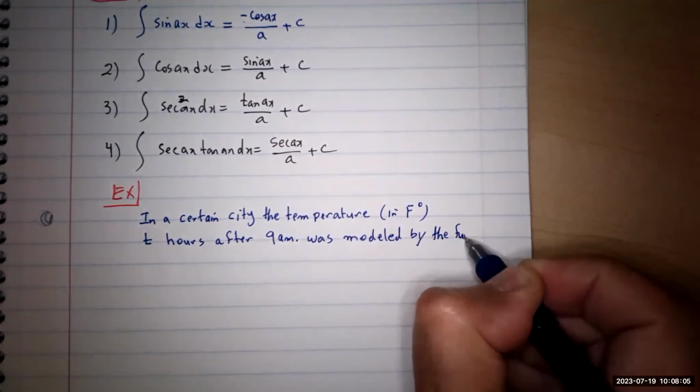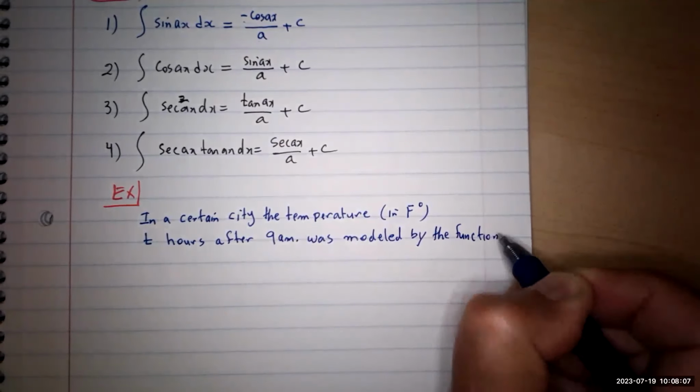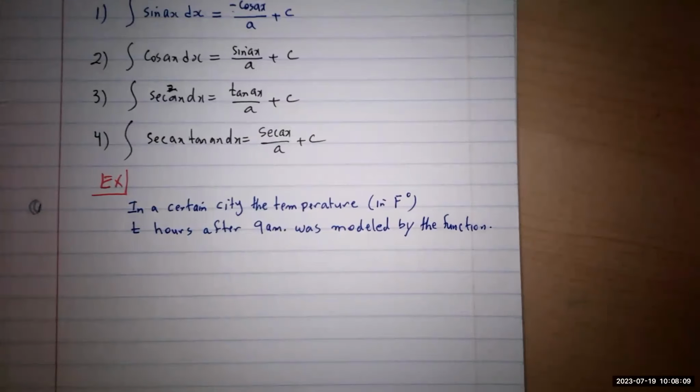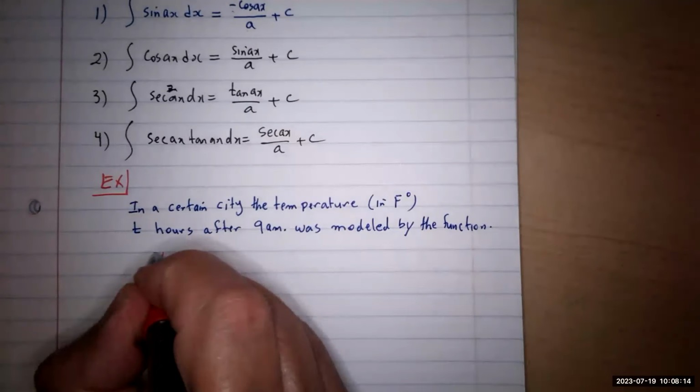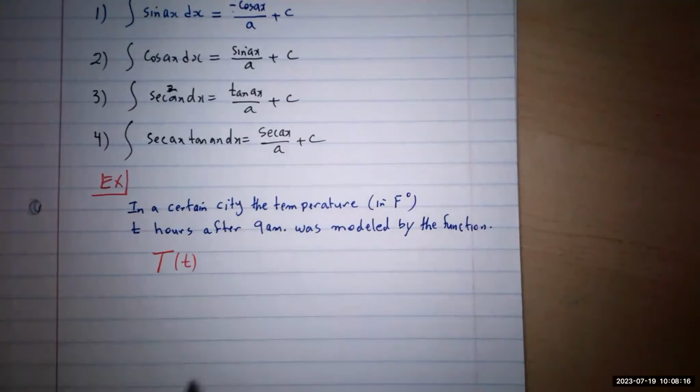Depending on the area that you live in, you are going to have a different model. We live in California, for example, so this is going to be the California model. That's it. Temperature, t hours after 9 a.m.